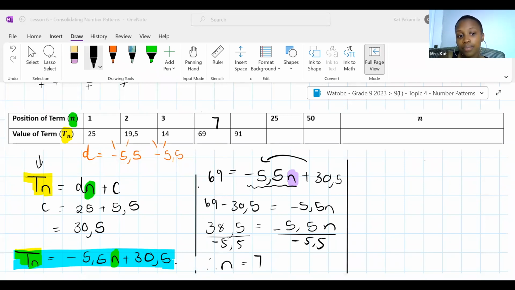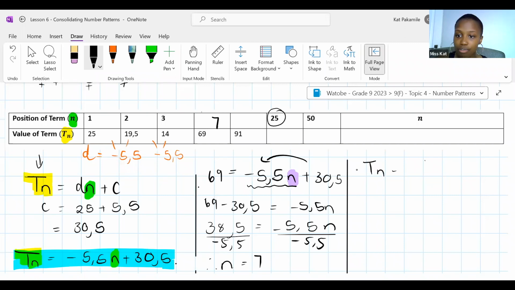Oh, ma'am, I thought that was supposed to work out what the answer will be. I didn't hear the part where you're supposed to substitute. Remember, even if you're working out the value, for instance, let's do here with 25, so you have Tn equals, what is our formula?